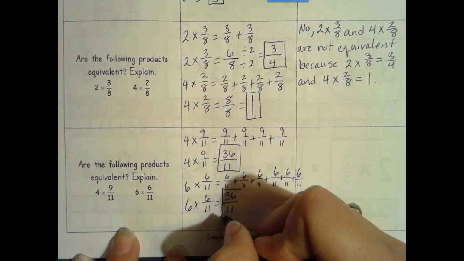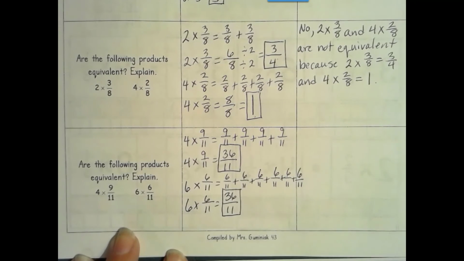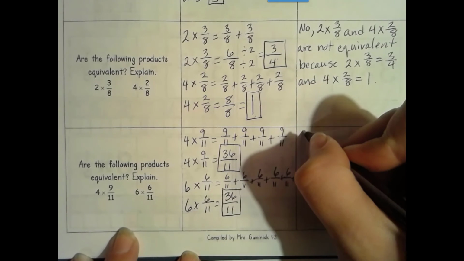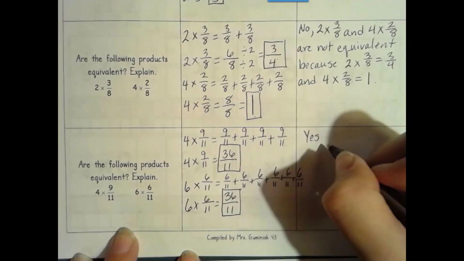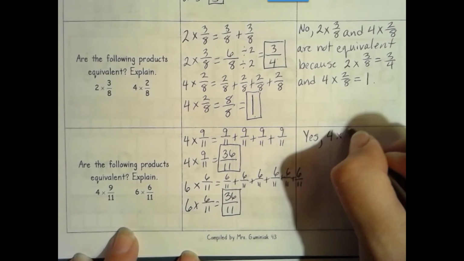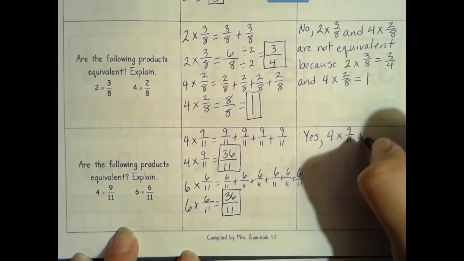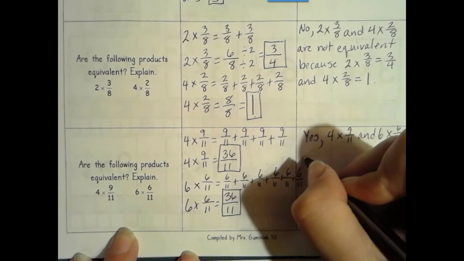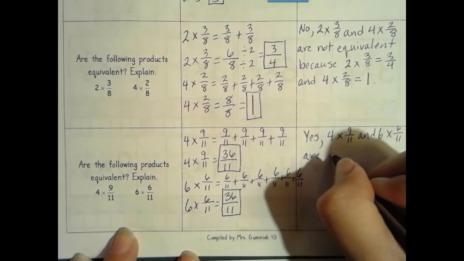Is 36 elevenths equal to 36 elevenths? Yes. So these two products are equivalent. So our claim, yes. 4 times 9/11 and 6 times 6/11 are equivalent.